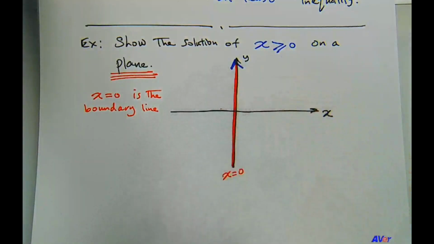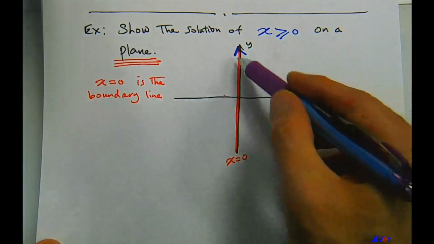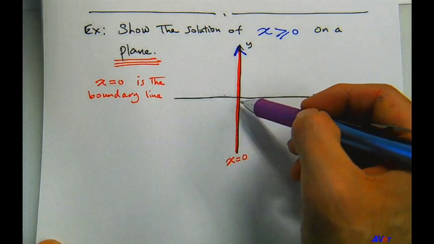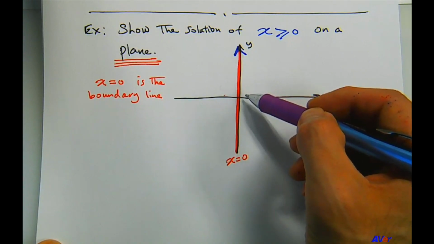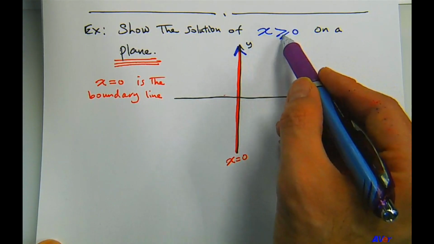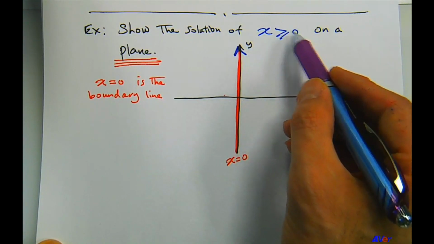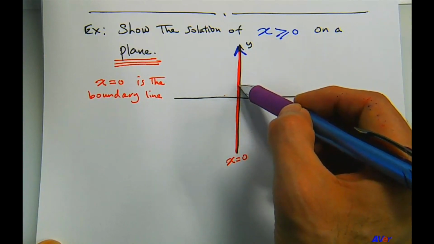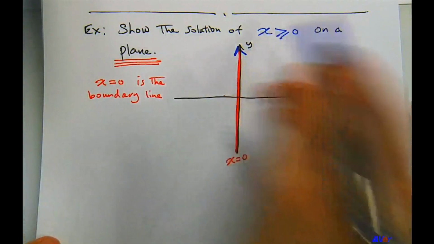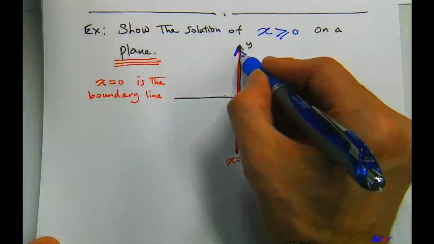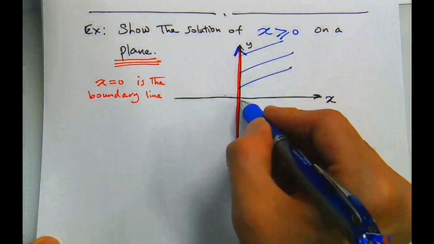And that's the boundary line, because on this line, the x value is always 0. It's not going to be negative, it's not going to be positive. So this is saying anything equal to or greater than that boundary line, including the boundary line.